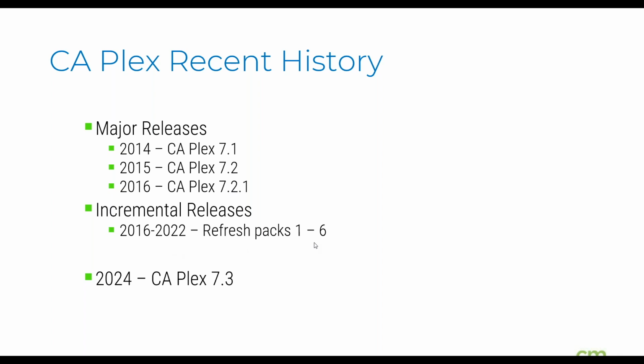So we're on refresh pack 6, and these all get applied to the latest release, which was 7.2.1. So it was a welcome surprise to receive a new release. In 2024, we get Plex 7.3, and I would expect any future refresh packs will be applied to this version.